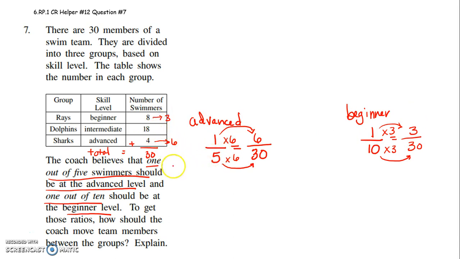And then it said, to get those ratios, how should the coach move team members between the groups? Well, the coach could move 2 intermediate, 2 advanced.